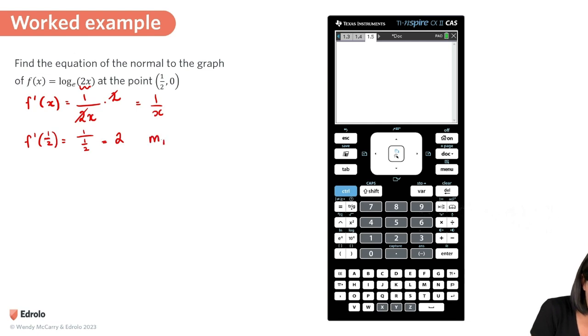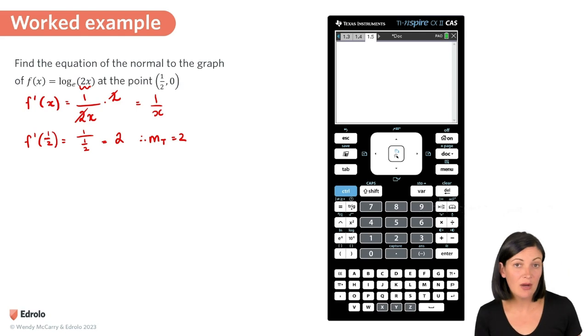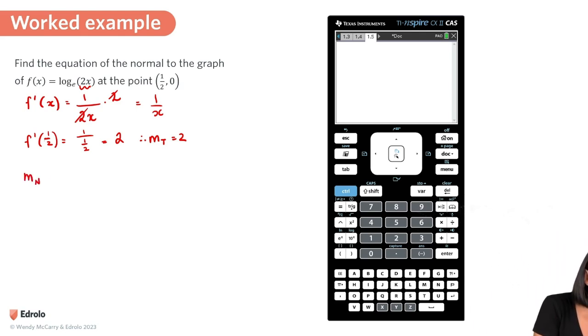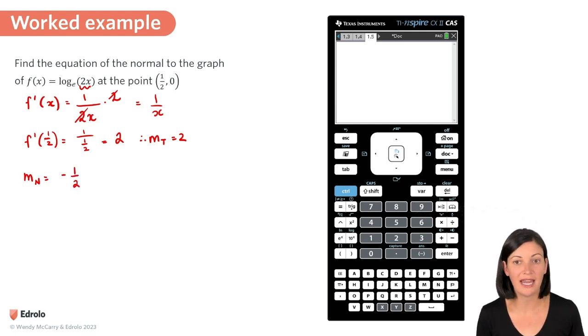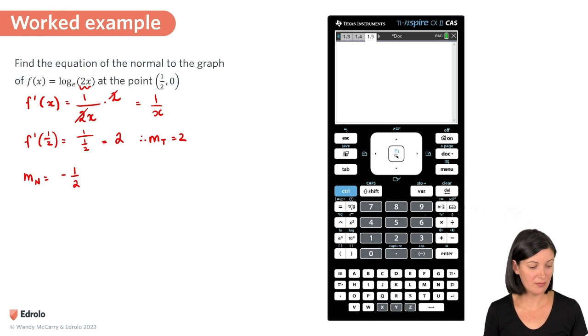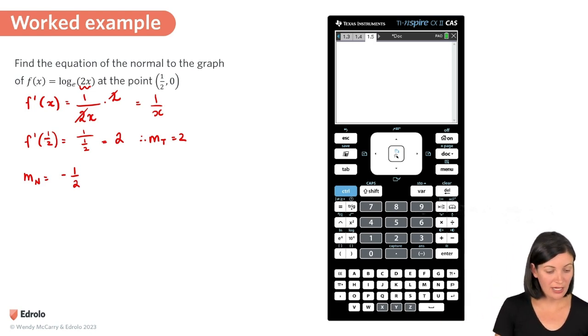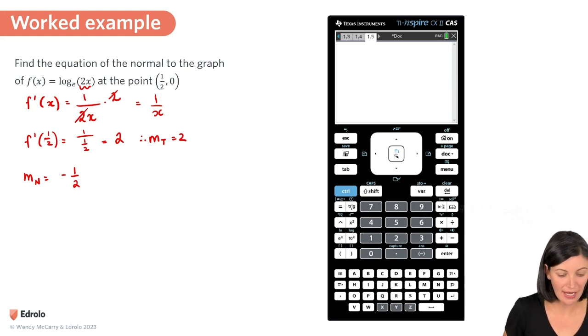I'll just write that in. The gradient of the tangent is 2, but I want the gradient of the normal line. So the gradient of the normal line is the negative reciprocal of 2, which is -1/2, all right? My next step now is to find the y-coordinate at the point x equals 1/2.